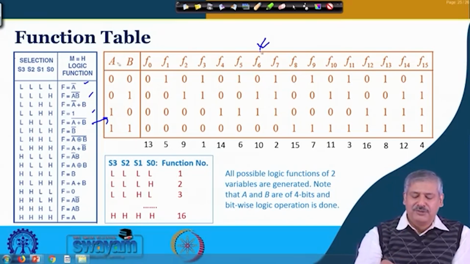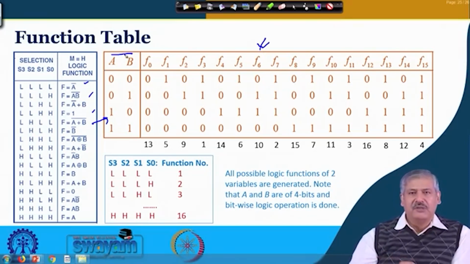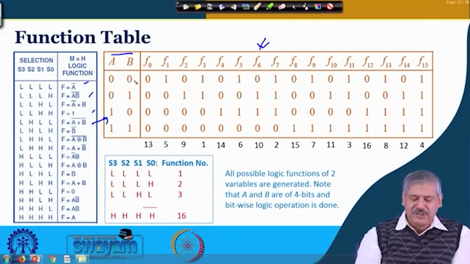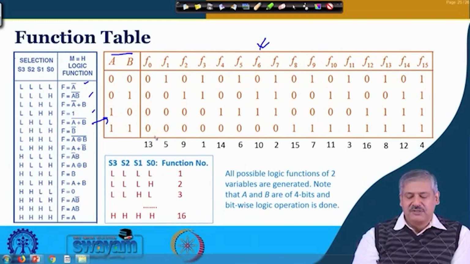With 2 inputs, what are the many different functions that are possible? We found that 16 possible functions could be there with these 2 inputs 00, 01, 10, 11. One possibility is that for each of these cases the output is 0. One possibility is that only for 00 the output is 1 and the rest of the cases it is 0.